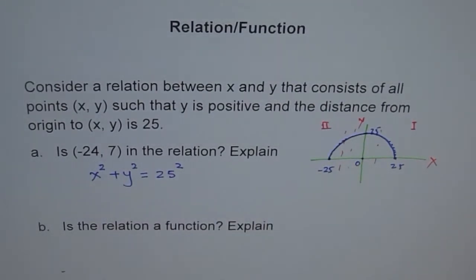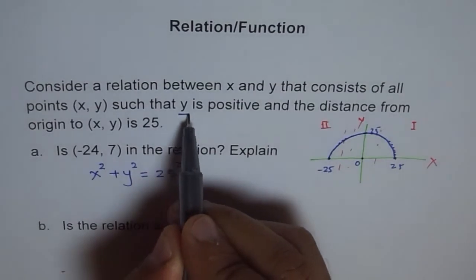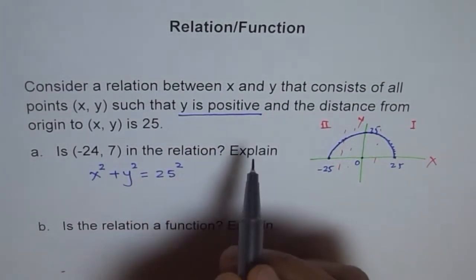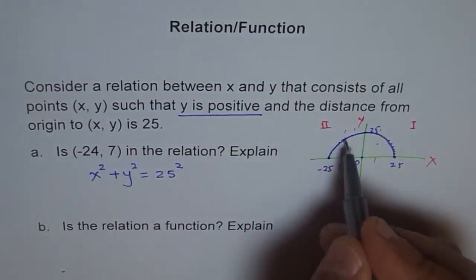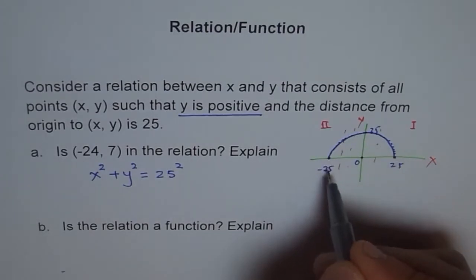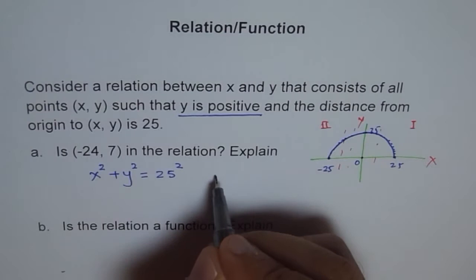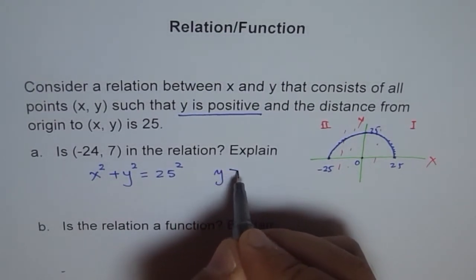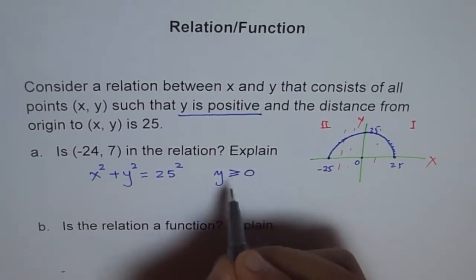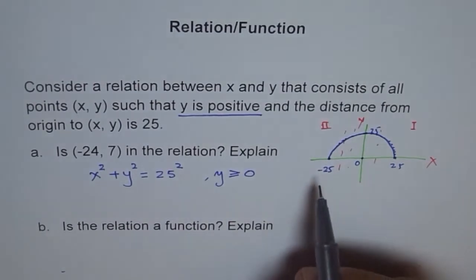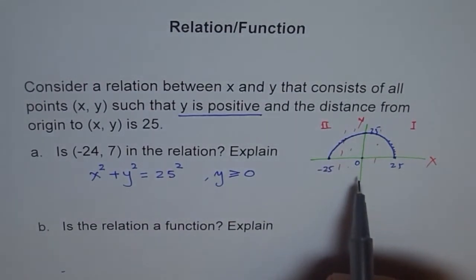Can you answer this? I've seen students making a huge mistake here. They forget that it's written here y is positive. It cannot be negative, right? So we say where y is greater than or equal to 0. We are not permitting values of y which are negative, okay?